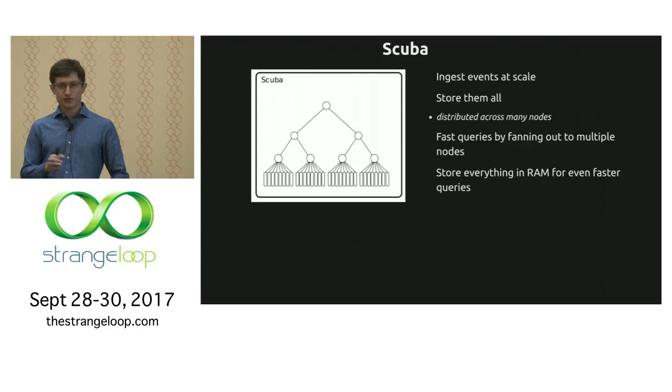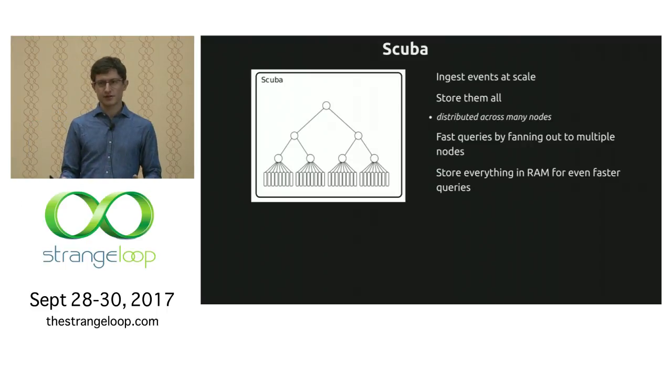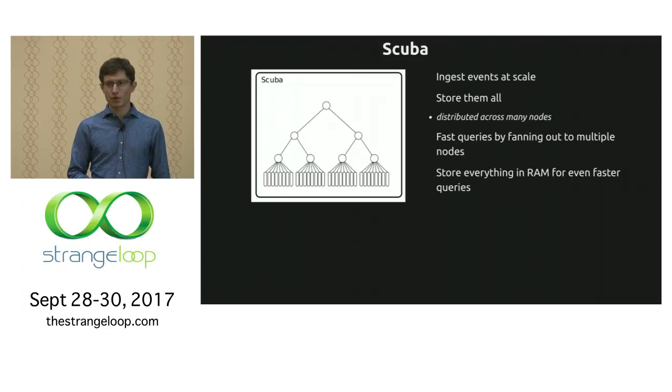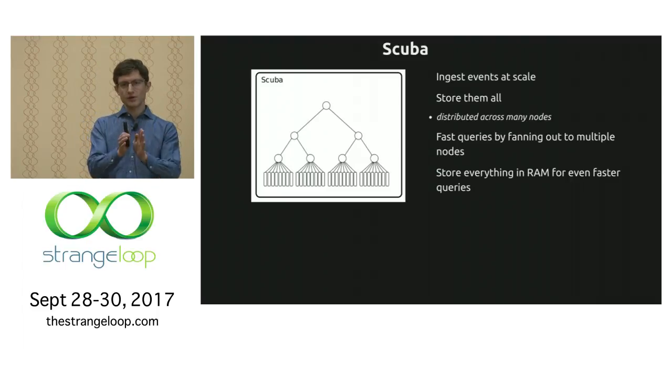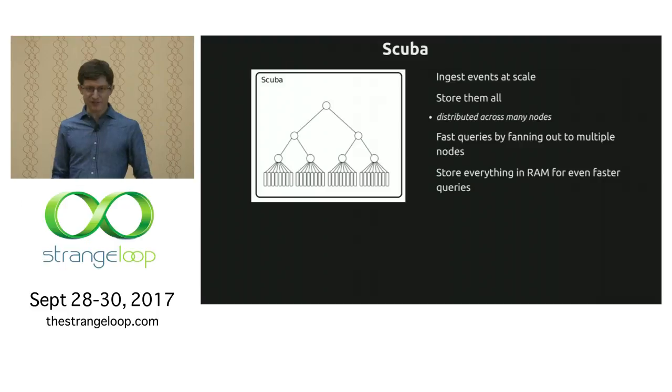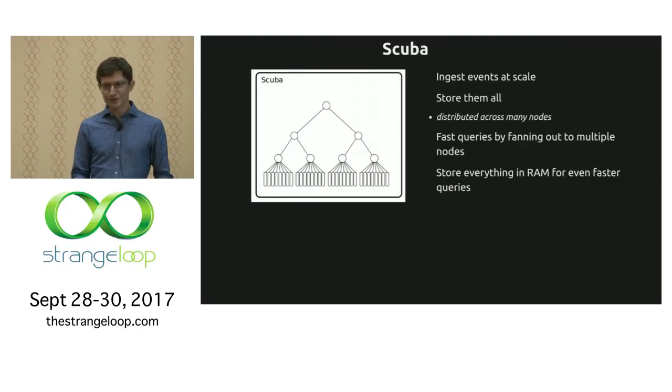And you store them all, every single event, and you store them distributed across many servers. And that lets you scale out the amount of stuff that you're storing. And it also lets you speed up queries, because when you want to query the events, you can fan the query out across all those servers and do a lot of the processing in parallel. And then to make things even faster, they take those events and they store them in RAM, which is ludicrously fast, obviously.